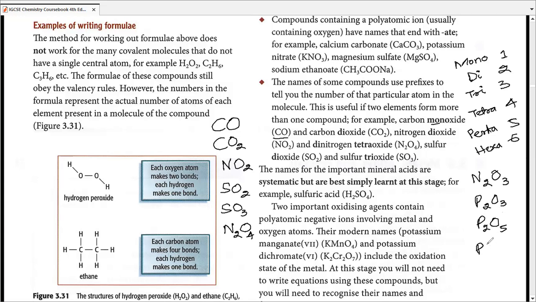Perfect. Let's try this one. Phosphorus pentafluoride. Perfect. This one. Sulfur hexachloride. Right. Now you know. It was easy, right?